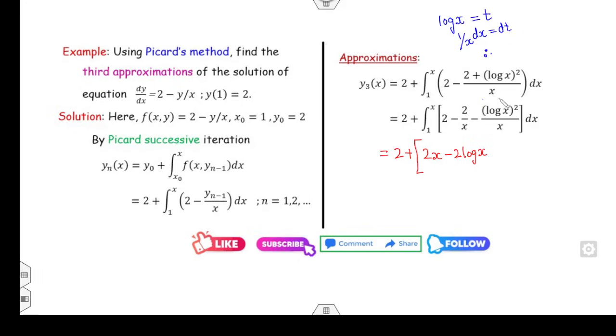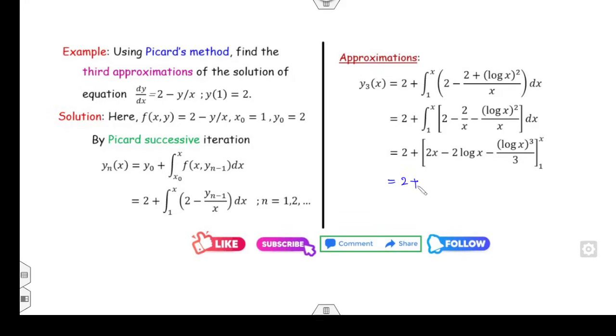So this portion becomes the integration of t square dt. That will be t cube divided by 3. So that is negative log of x cube divided by 3 from 1 to x. Fine. Now you can substitute the upper and lower limits.